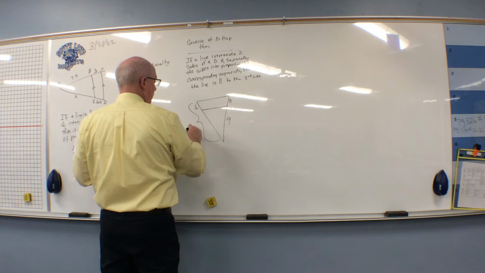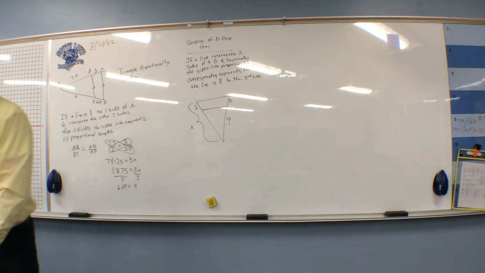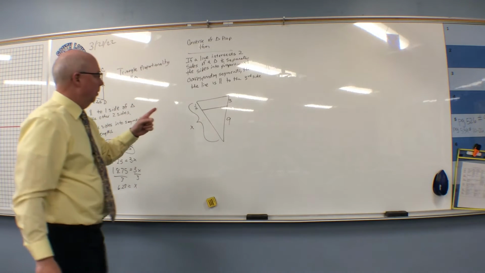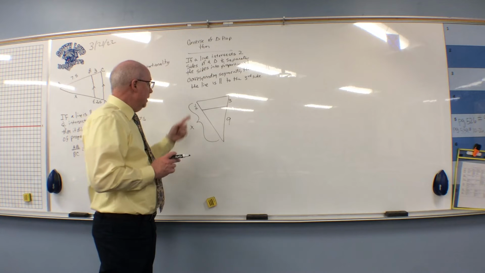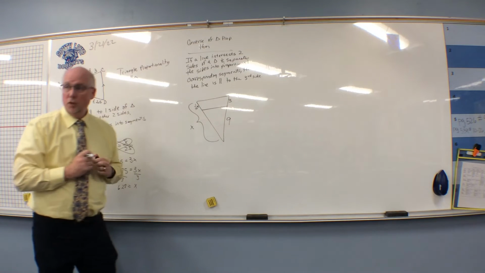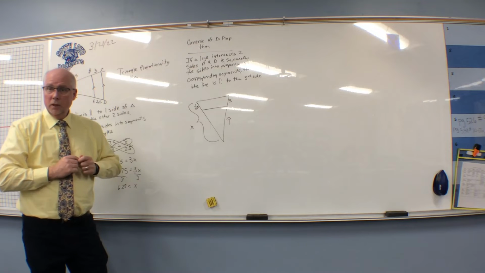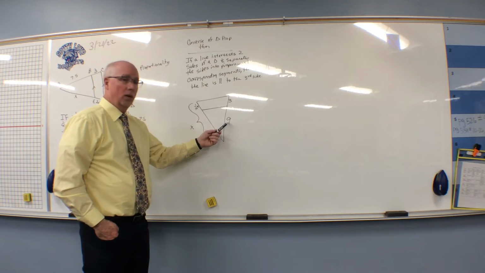This is 1/3 the length of the whole thing, x. Okay? Are these sides in proportion? That's the question. This is 1/3 of the whole thing, so this is 1/3 of x. You understand what I'm saying? So is this 1/3 of the whole thing?